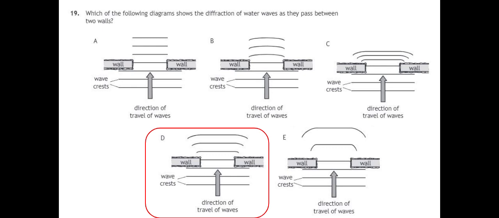That does not happen. The wavelength of the waves as they diffract through the gap is unchanged. So C shows the wavelength decreasing and E shows the wavelength increasing. Neither are true. The wavelength would stay the same. So the only one that is correct is answer D.